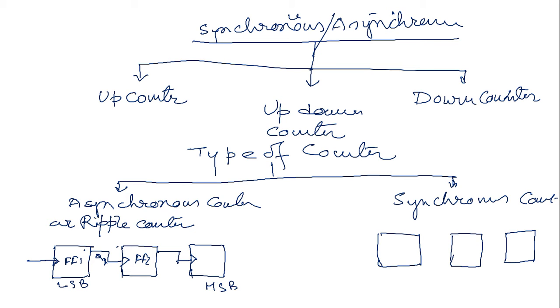So first, for an asynchronous counter, the clock is provided only to the LSB, a single flip-flop, and after that every flip-flop gets its clock from the output of the previous flip-flop. The output of the previous flip-flop is given to the clock of the next flip-flop.